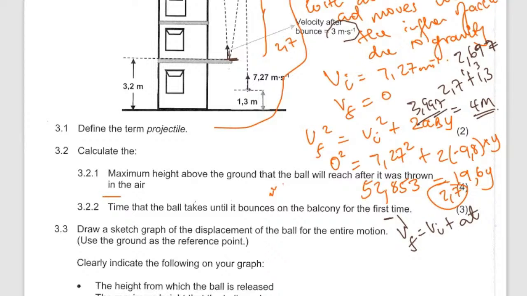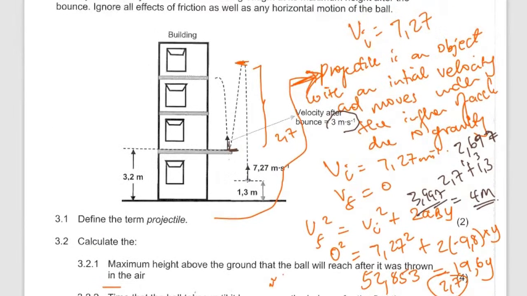Because what I can do is, if now the velocity of this mass is 0, I don't know the velocity of this point, because that is after the bounce, which is not going to make sense.